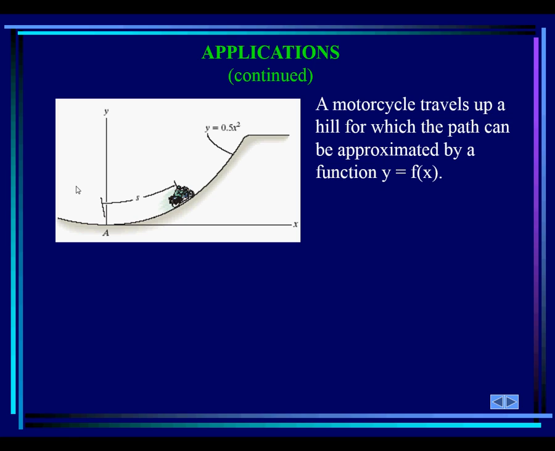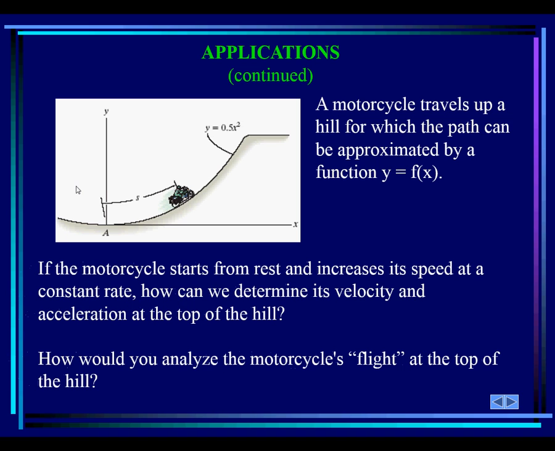And you may say, look, maybe that curved path coincides with the equation of a parabola of the type y is equal to 0.5 x squared. That's the type of equation that the profile of the motorcycle is going to follow. So if the motorcycle starts from rest and increases at a constant rate, meaning the speed is, how can we determine its velocity and acceleration at the top of the hill?